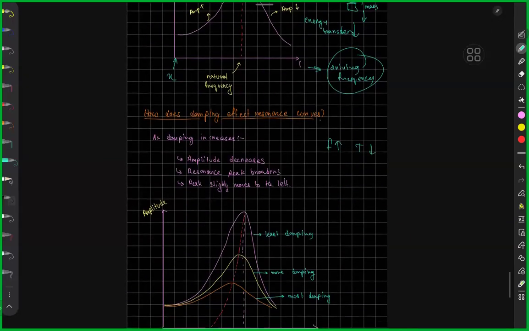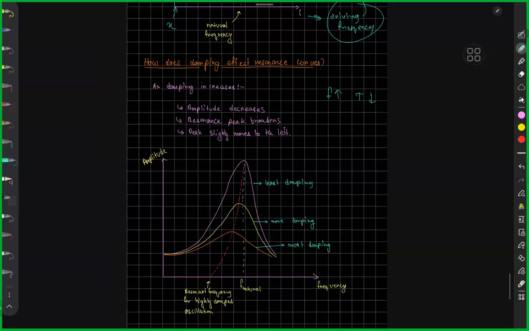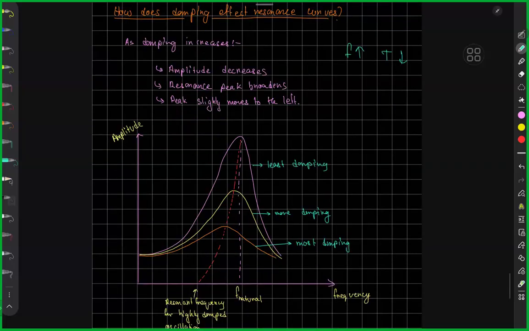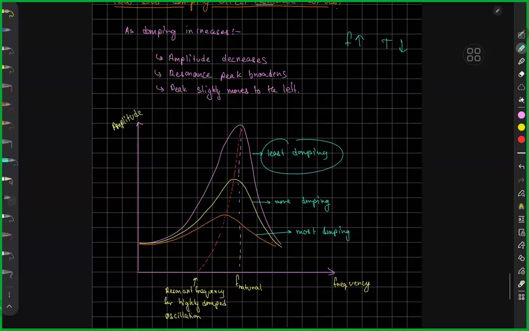And now, what happens if I introduce damping? How does the shape vary with respect to damping? Let's say I introduce some amount of light damping, or heavy damping, or critical damping. What happens in each of those cases, right? So let's say I have some low amount of damping.